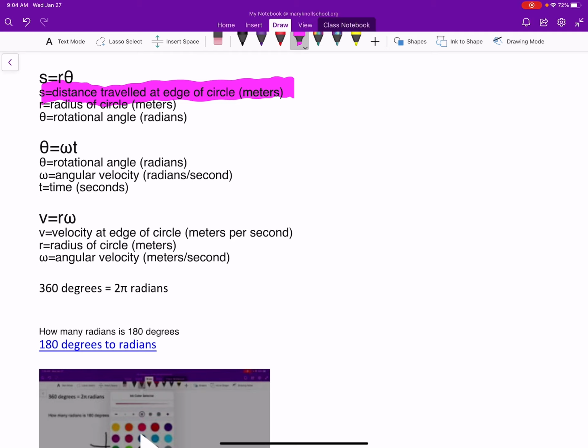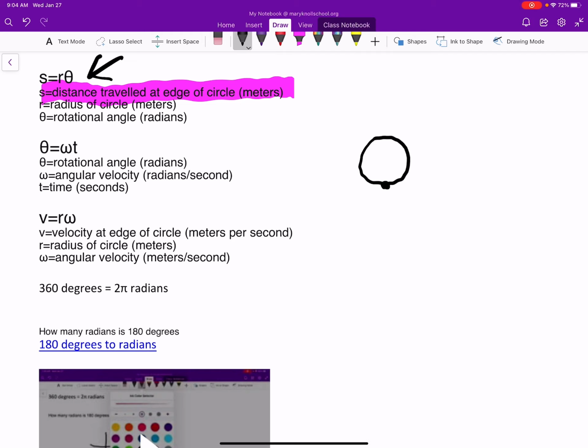Okay, so here's a car tire. The edge of the circle, how far that edge of the circle travels, is also how far it traveled on the road, and how far the edge of the circle traveled is also how far the truck went, right? So it looks like this is the one that we're interested in.